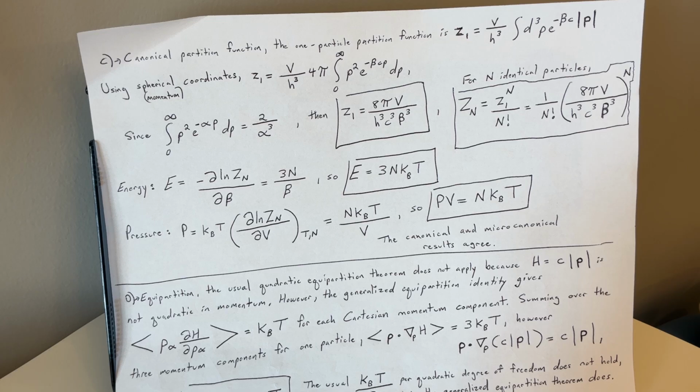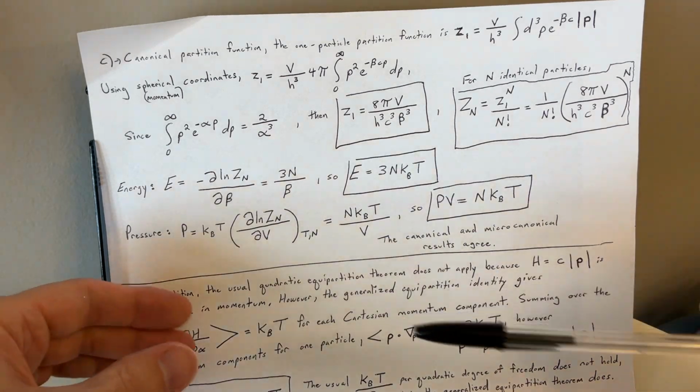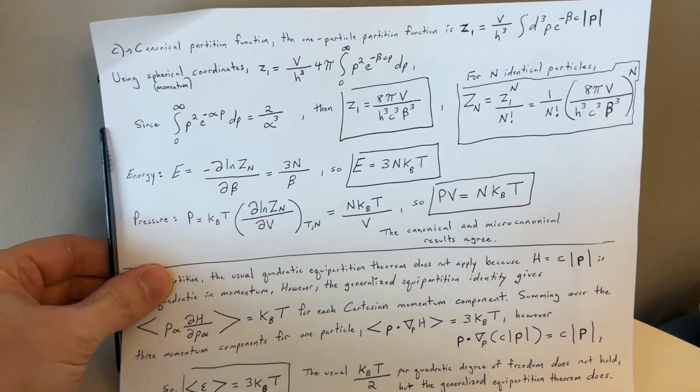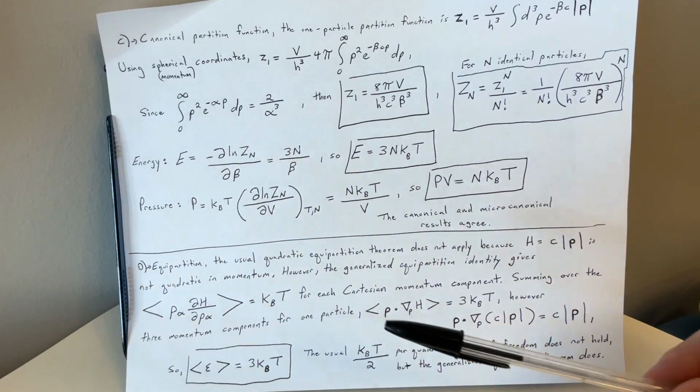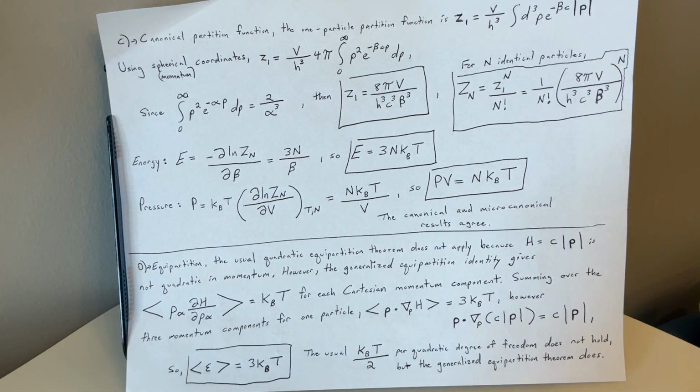And for letter D, determine whether the equipartition theorem holds for this system and justify mathematically. So for letter D, for equipartition, the usual quadratic equipartition theorem does not apply because H equals c times the absolute value of p is not quadratic in momentum.